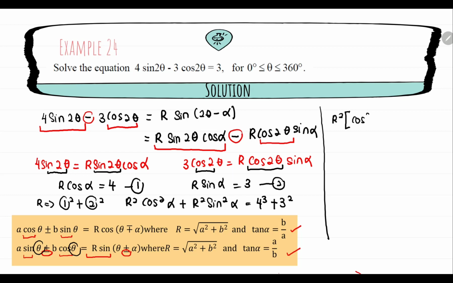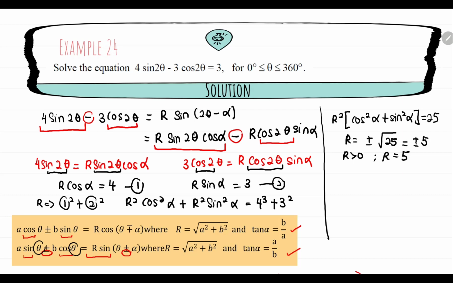So we will be having cos² α plus sin² α. On the right hand side, 4² plus 3², we will be getting 9 plus 16, which will give us 25. So finally, R is plus minus square root of 25 or plus minus 5. Since R is greater than 0, R is 5. Okay students, so we already get the value of R.